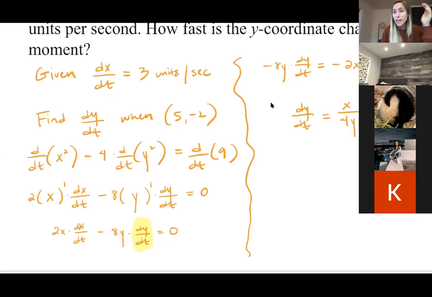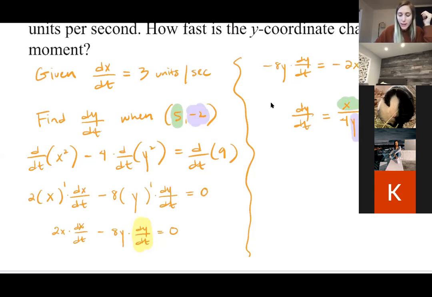Okay, so at this point, we have the formula for the derivative of y with respect to time. And we can just plug values in. I'm going to use the highlighter to show what I'm plugging in. I'm going to plug 5 in for x and -2 in for y.